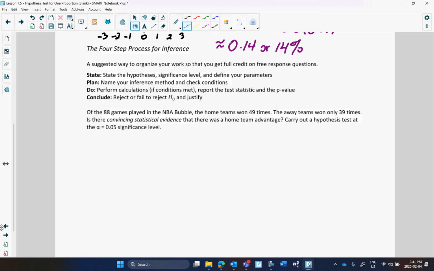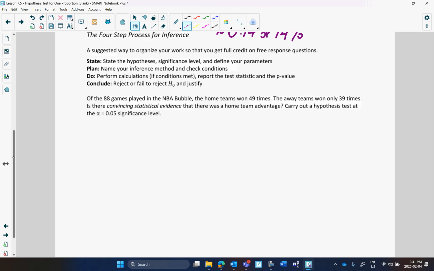So same question. This is what it would look like. Okay? And notice this tells me right here, do a hypothesis test. That means set up the H0 Ha. And notice it tells us the significance level. We need to know that significance level when we get the p-value.